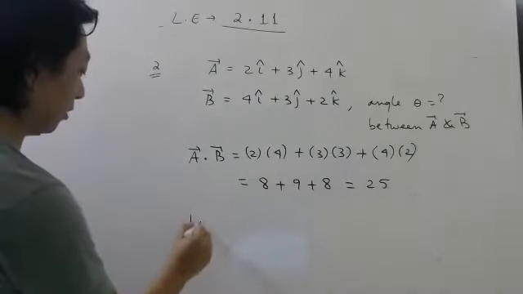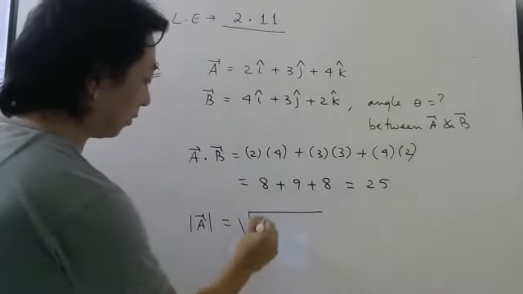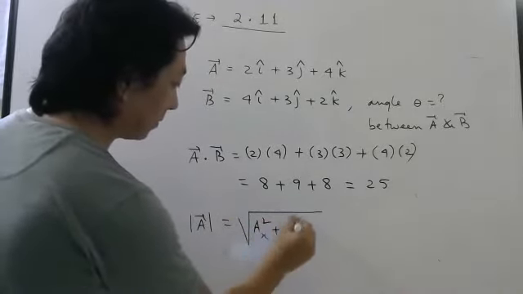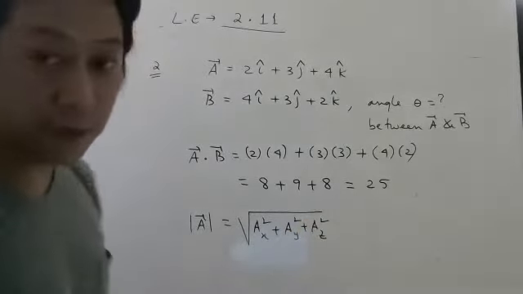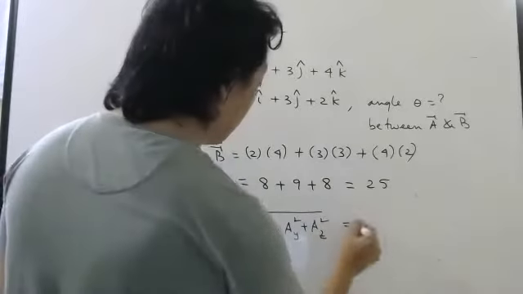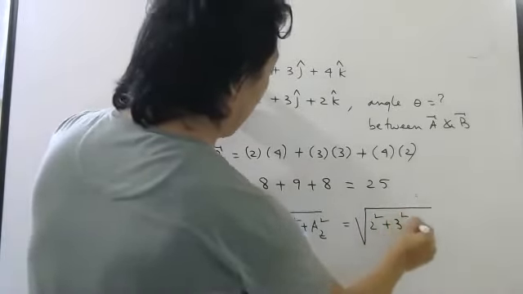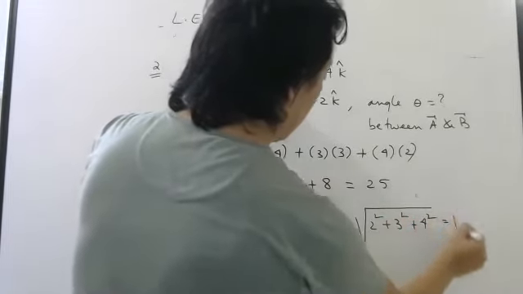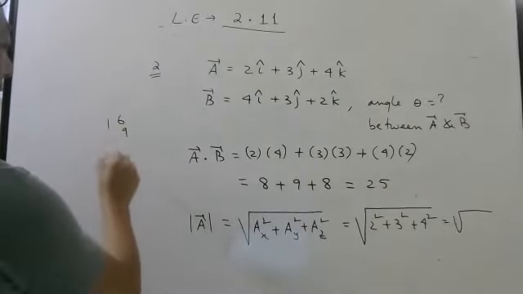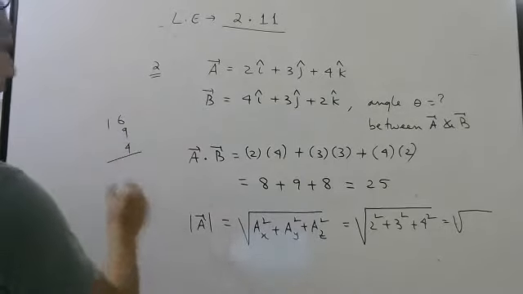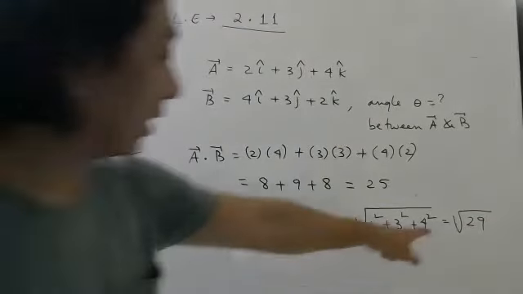Now find modulus of A bar. Root over, if you forget the formula, you can write once. This is the formula to find modulus of any vector, meaning magnitude of any vector. So root over 2 square plus 3 square plus 4 square. Root over how much? 16 plus 9 plus 4, 29. Check once. I got root 29.